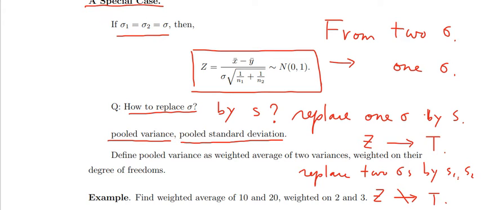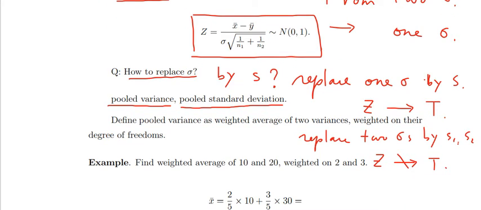What is pooled variance? We define pooled variance as a weighted average of two values, S1 square and S2 square, weighted on their degrees of freedom.